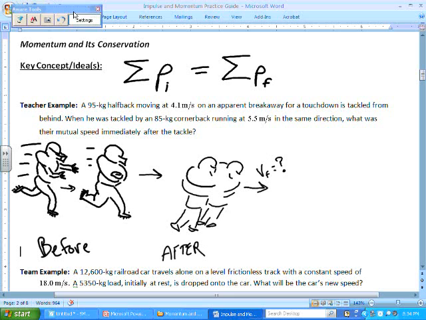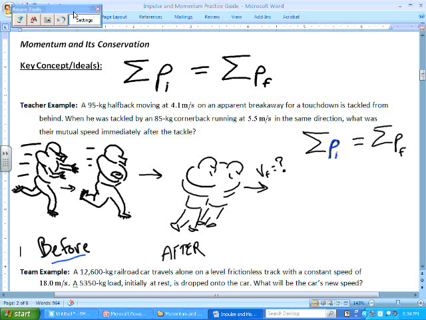Okay, well, we know that the law of conservation of momentum states that whatever amount of momentum we had at the beginning, we should have the same amount of momentum in the end. So at the beginning, before the tackle happens, the initial amounts of momentum are the two separate velocities times their masses.